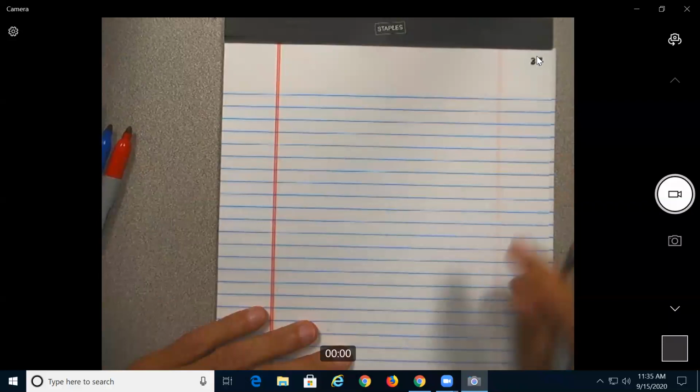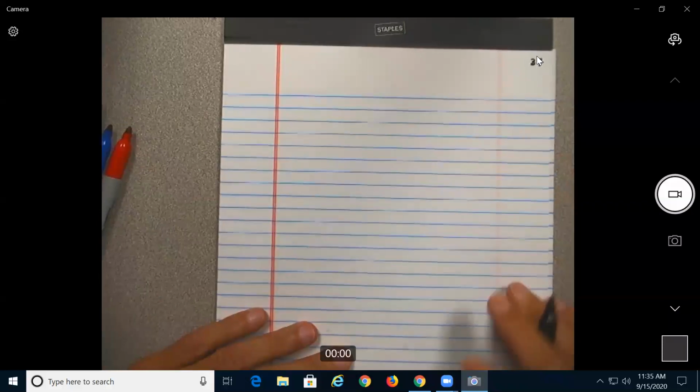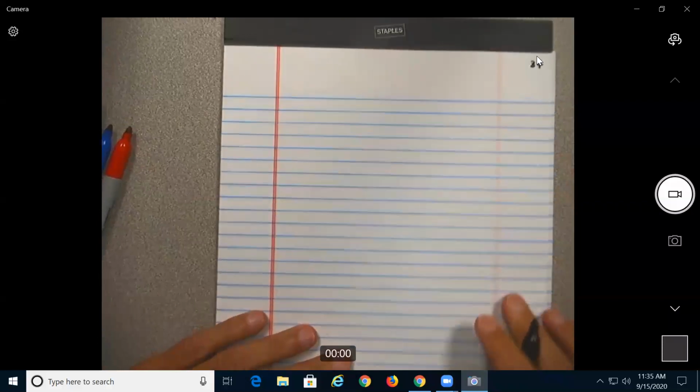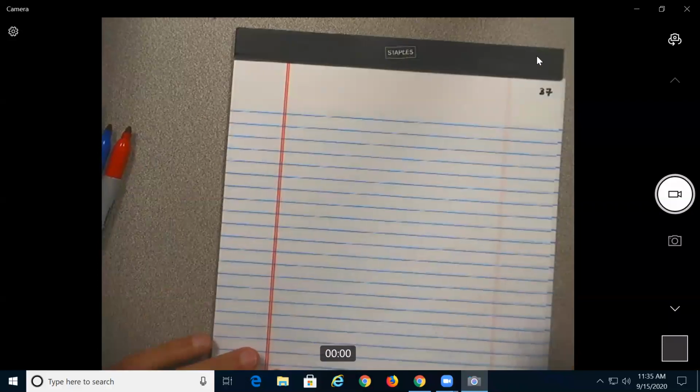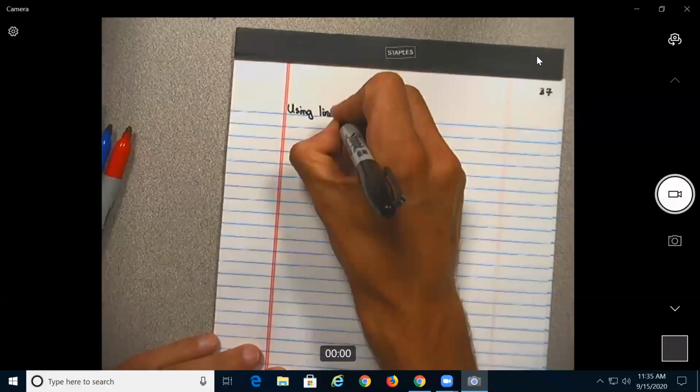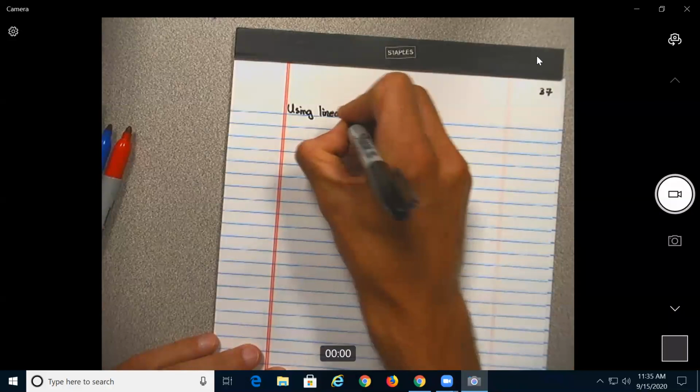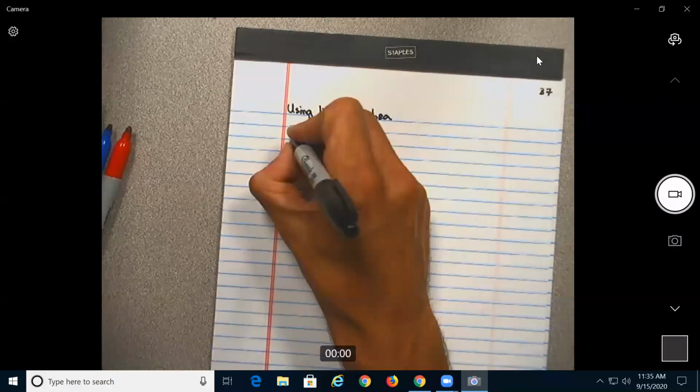So, using linear algebra, we're basically going to use the matrices. This means what? X1, X2 will be equal to what?